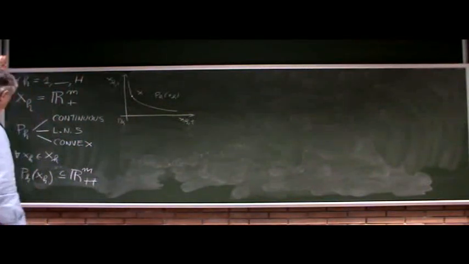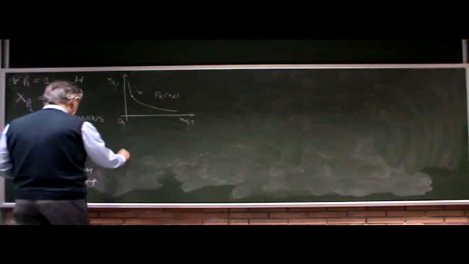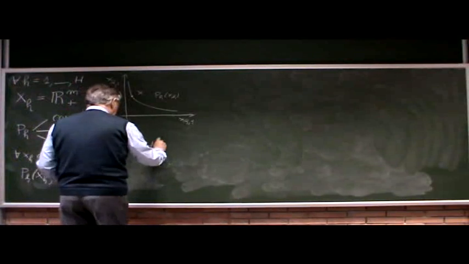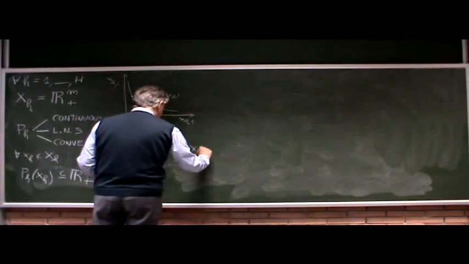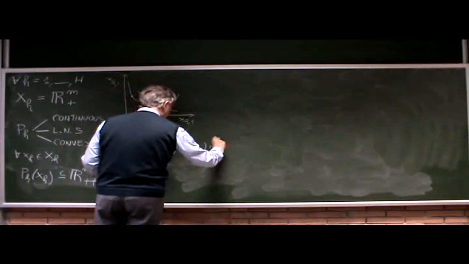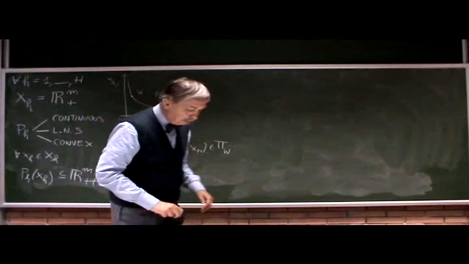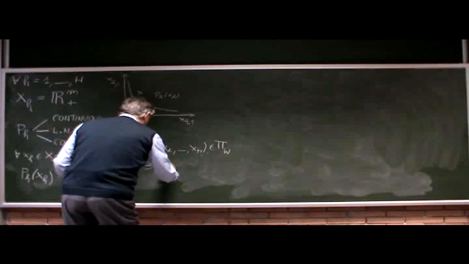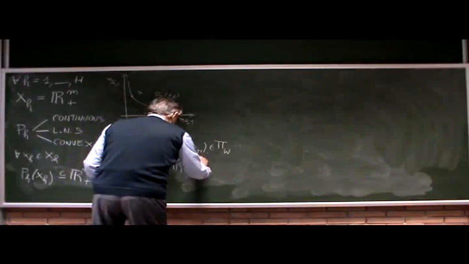However, if all this set of properties is verified, then for every Pareto optimum, weak Pareto optimum, like these, there exists a price system, a non-null price system.